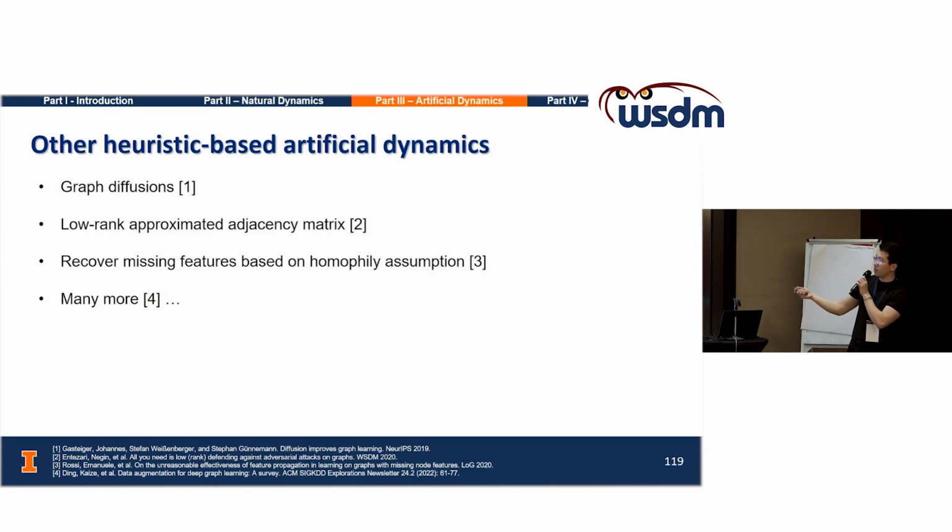And in some settings, some node features are missing, and that's not what we want for the graph neural networks. So we can recover those missing features based on, for example, the features of its neighborhood, right? We can use the pooled feature of its neighborhood to serve as the feature of the node whose features are missing, right? And there are many other works covered in this topic.